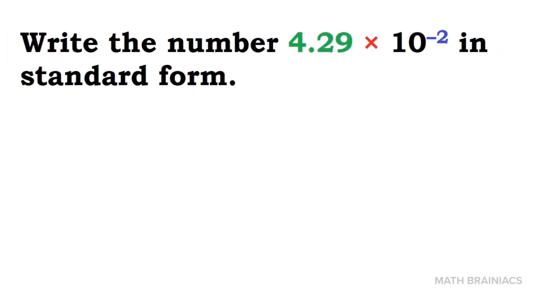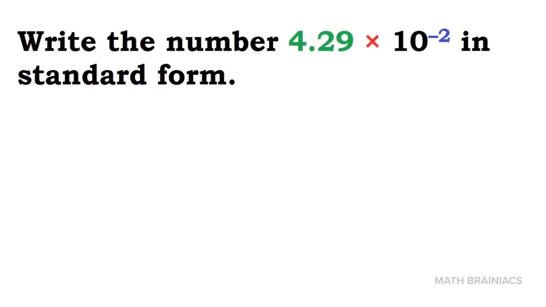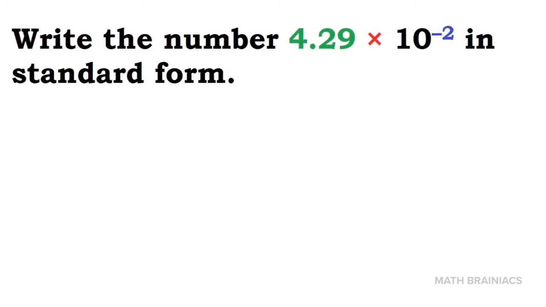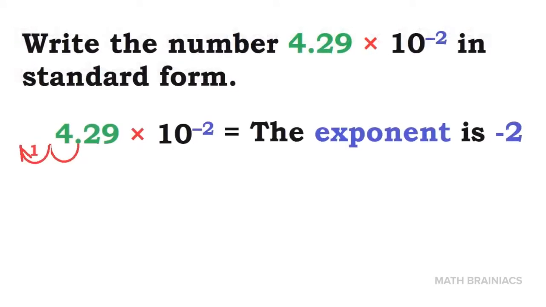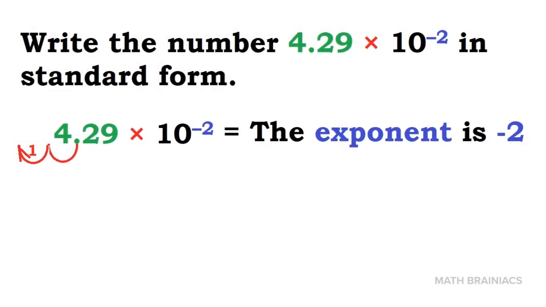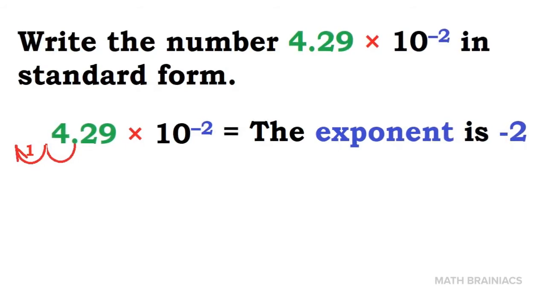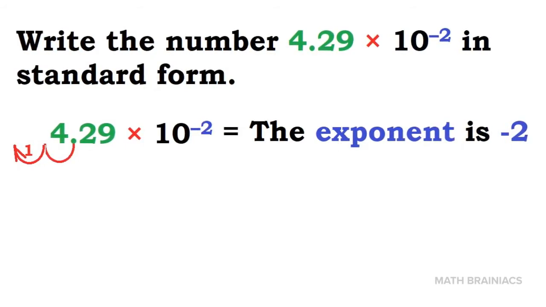Let us work on another example so that you can understand it well. This time, we are going to have a negative exponent. Write the number 4.29 times 10 raised to the power of negative 2 in standard form. Our exponent here is negative 2. Accordingly, we're going to move the decimal point 2 places to the left.